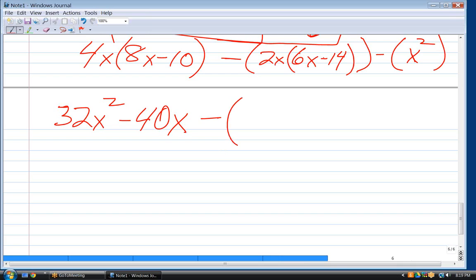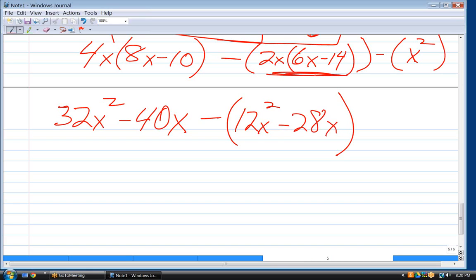Go ahead and distribute the 2x. So it'll be 12x squared, and then 20x. Oh, 28x. Oh, 20, my bad. And make sure that sign is minus, because all we're doing is distributing that at the moment. We're not getting rid of the second set of parentheses yet. And finally, this last term, I don't need parentheses there.